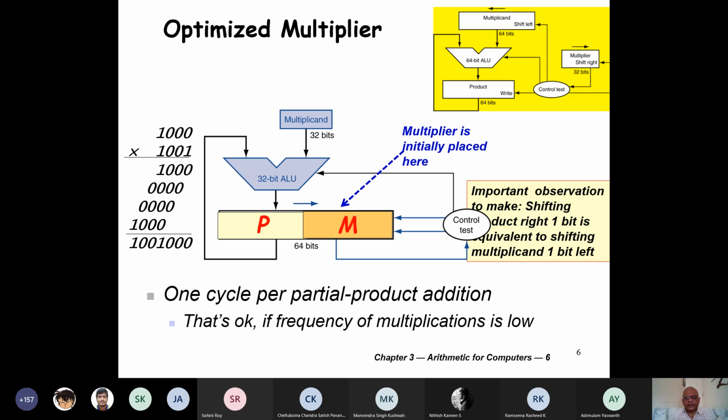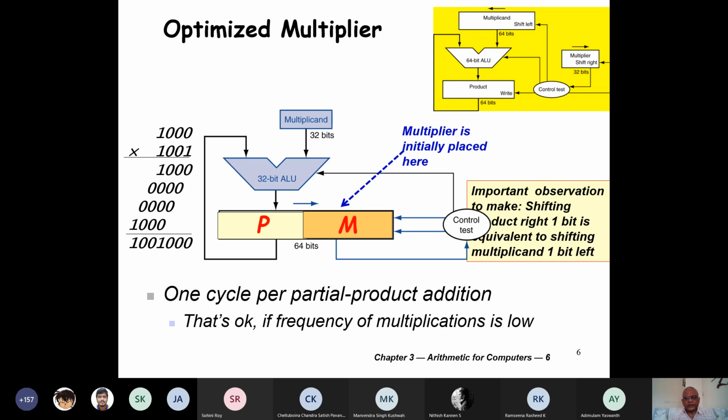Now observe, if we do that, both the product and multiplier each time need to be shifted one bit. So in one operation we can do that.